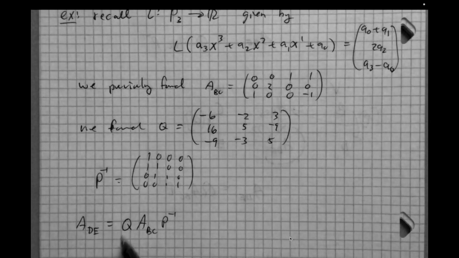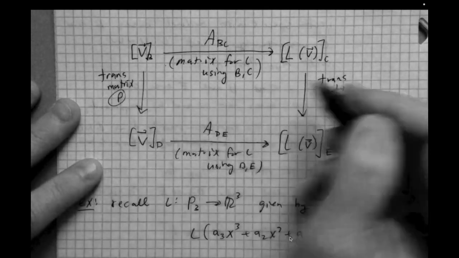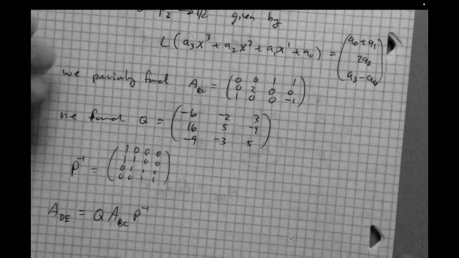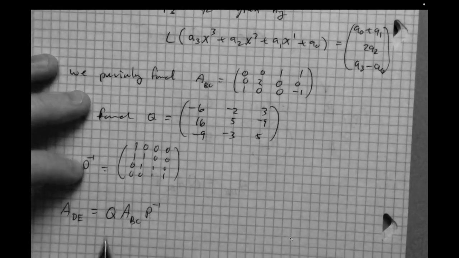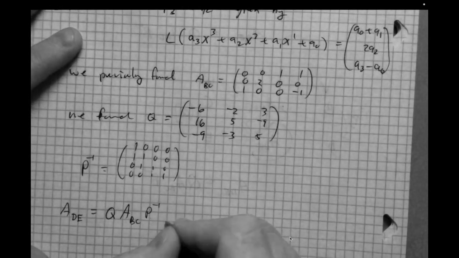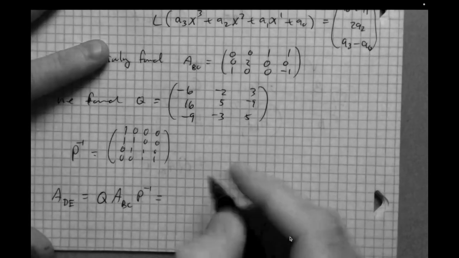Q is the transition matrix that transitions from C to E in the codomain, and P inverse is the inverse of the transition matrix that transitions from B to D, right? So you kind of look up at the top here. It shows you what these things are, P and Q. And so I just have to multiply A sub BC on the left by Q, on the right by P inverse. And when I do that, here are the actual numbers, and I'll write them out for you.